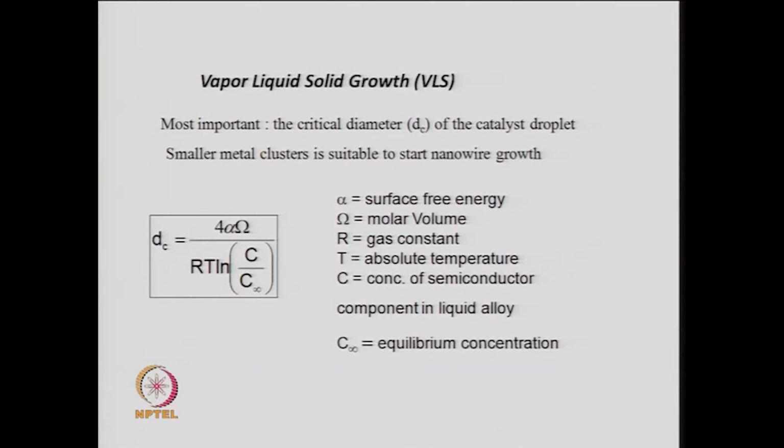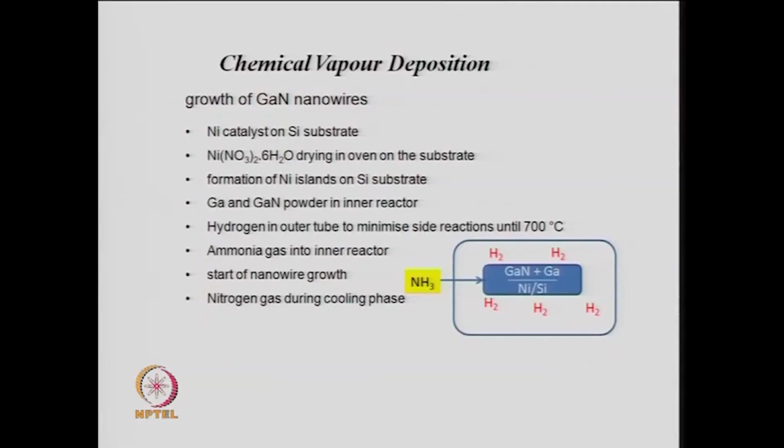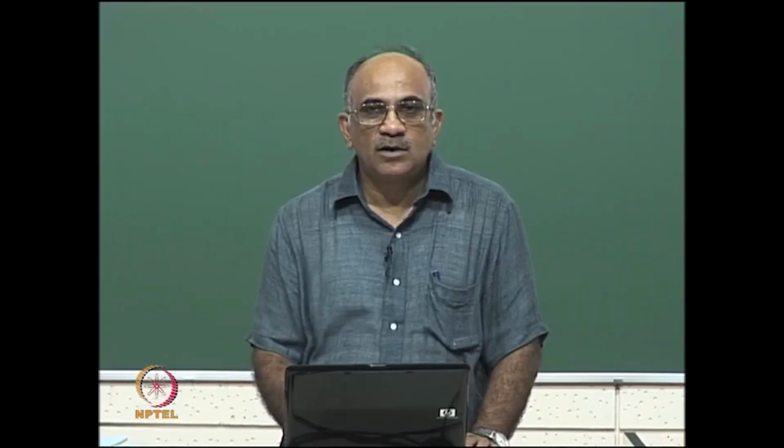nanowire growth. Now, other than the VLS method, a quick word on chemical vapor deposition. This technique we have discussed in quite detail in our earlier lectures. I think in module 1 or module 2, we discussed the CVD technique of growing nanostructures in great detail.